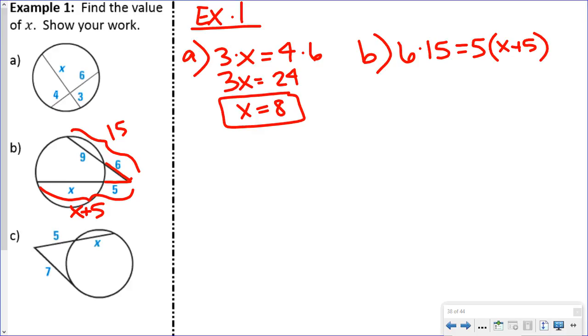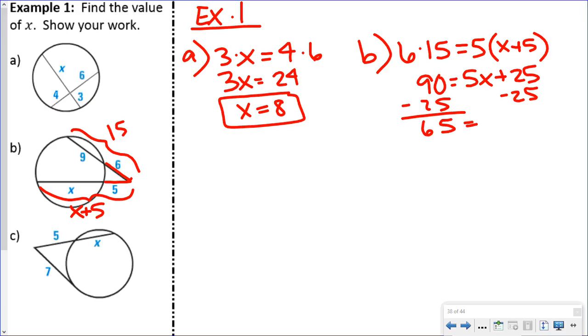So that's how you use the geometry to set it up. Now it's an algebra problem. Okay, so we're going to multiply that out. So what's that? 90 equals 5x plus 25. So you got to distribute to both. Subtract your 25. So is that 65 equals 5x.